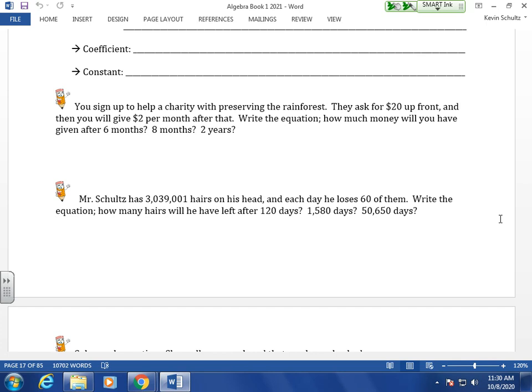How much money will you have given after 6 months, 8 months, 2 years? Give me the equation first, then we'll work from there. Quinn? 2 times the amount of months plus 20. Okay, so 2m plus 20.